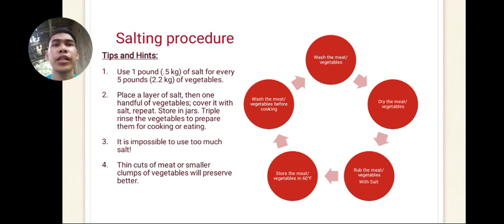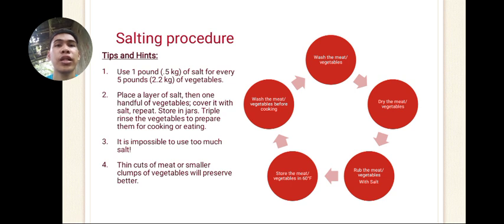So, tips and hints: use 1 pound or 0.5 kilograms of salt for every 5 pounds or every 2.2 kilograms of vegetables. Place a layer of salt, then 1 handful of vegetables. Cover it with salt. Repeat. Store in jars.